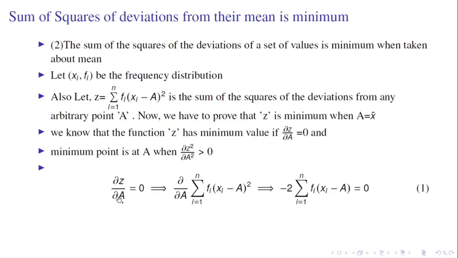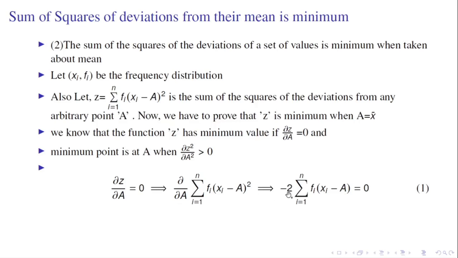So let us look at the function, dou z by dou a first. This must be equal to 0. This implies d by da of this function, summation i is equal to 1 to n fi xi minus a whole square. By applying derivative, this 2 comes here, and d by da of a is minus 1.